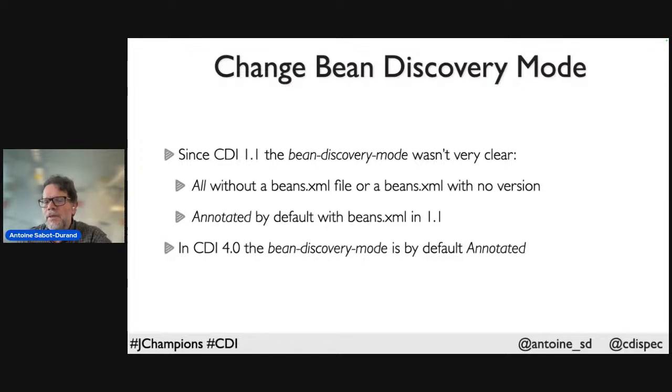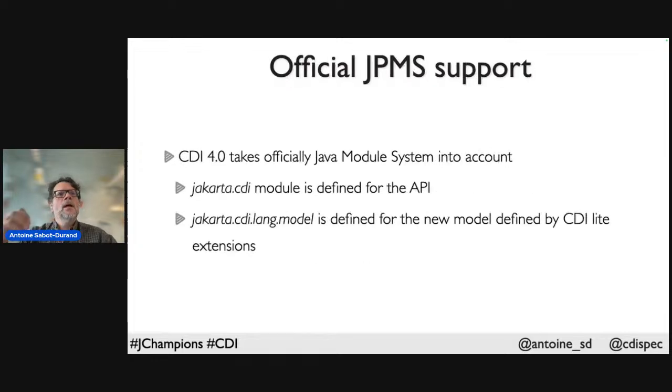So meanwhile, you are in the code changing your package, you can also work on those aspects of the discovery mode. All the discovery modes that existed from version 1 are still existing in CDI 4, so you can always enable the right mode for you.